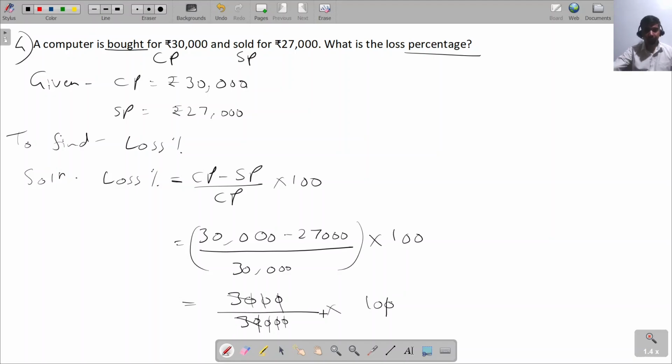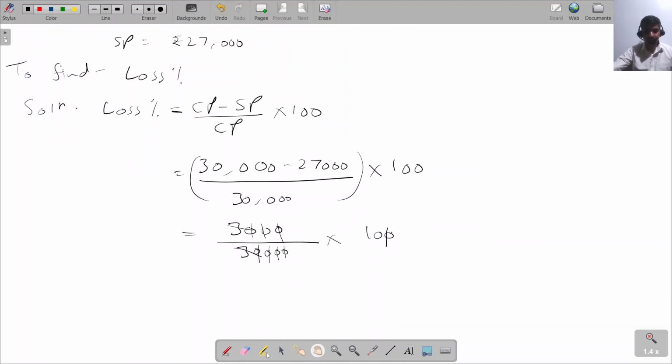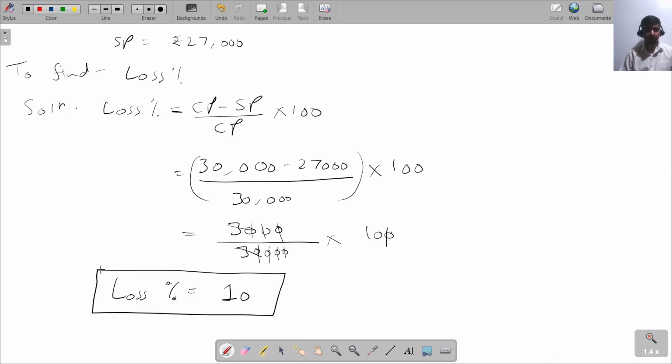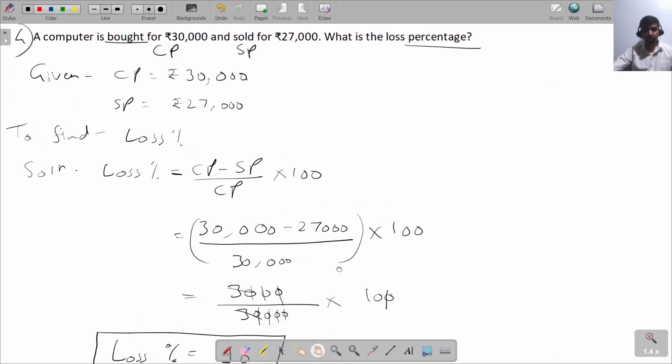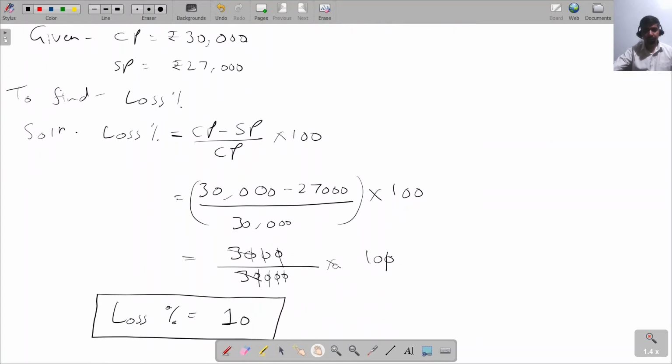So you will have a loss of 10 percentage. So in this case, the loss percent is 10. 10% का लॉस हो रहा है over here. Okay. So good. Let's go further.